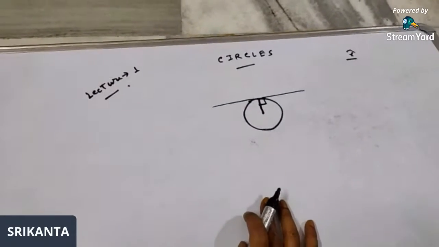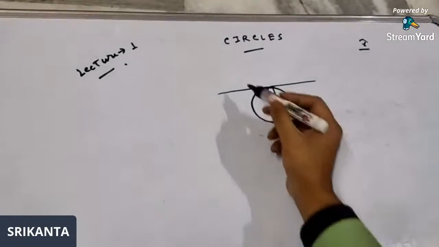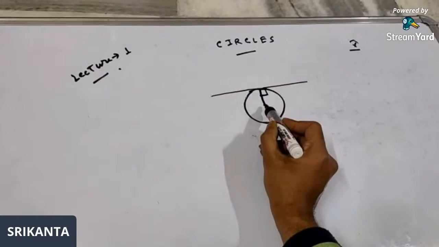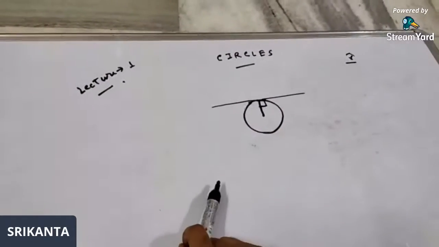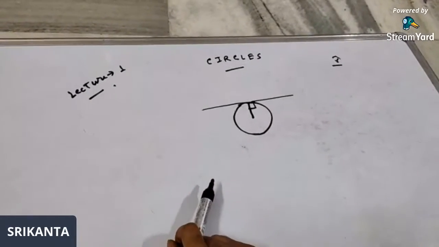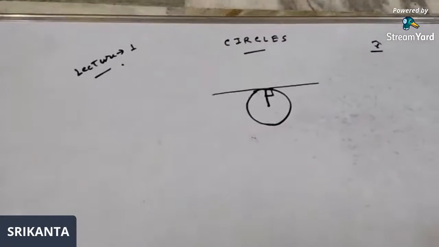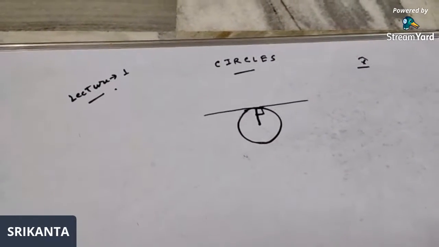That is what this theorem says. Again let me repeat. If there is any tangent and there is a line which passes through the center, then this line will be perpendicular to the tangent. This is the first theorem. Proof is not important here, so we are just discussing the theorem.